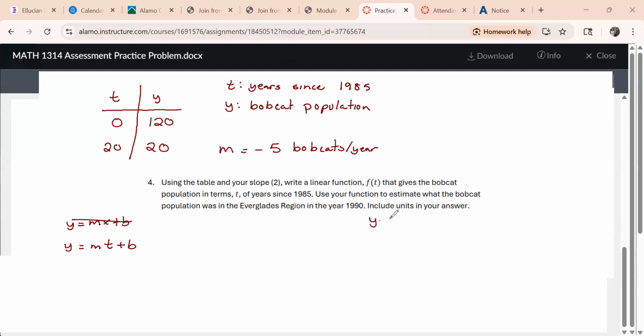And then we have this one, y minus y1 equals m times x minus x1, which we can change to y minus y1 equals m times t minus t1, because we don't have x's, we have t's. So we want to make sure you have that t in there.